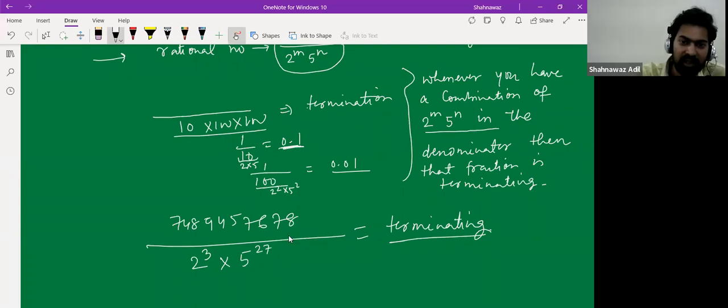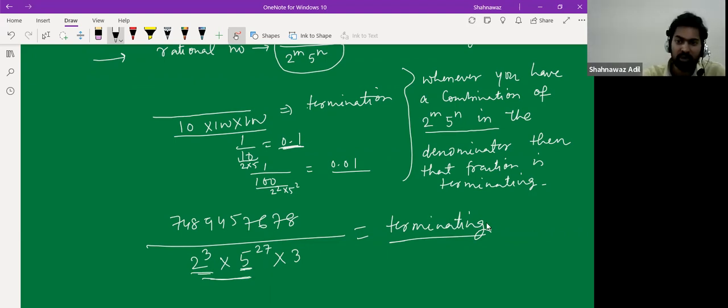And whenever you have something like, let's say, 3 here, so you have a number in the denominator which has prime factors other than 2 and 5, right? Right. Yes, sir.